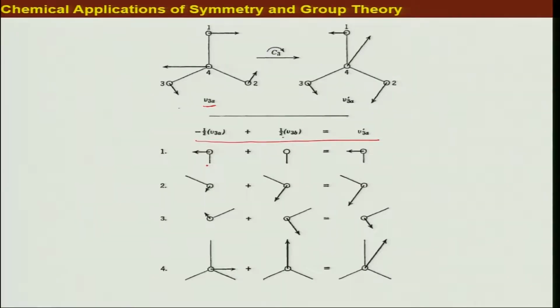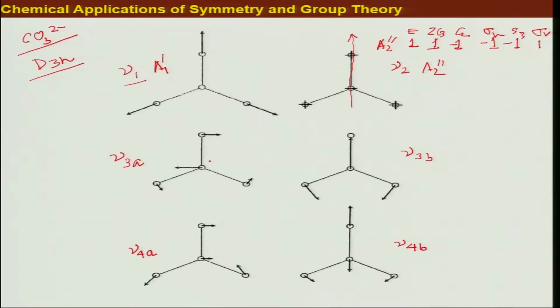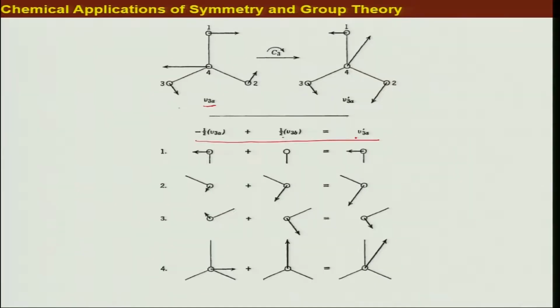Here you look at the structures nu 3a and nu 3b. So you see here, all right. So this one, if we operate, you will get an ultimate structure that we have just shown. Now if you take some portion of this one and some portion of this one and can generate that resultant nu prime 3a, then our job is done, and that's what is shown here.